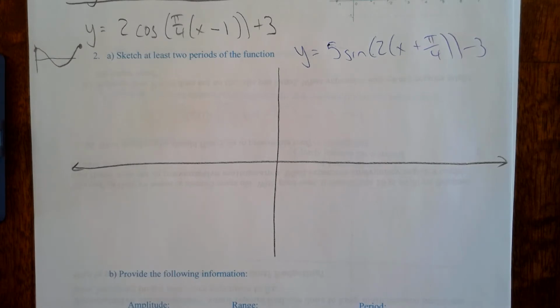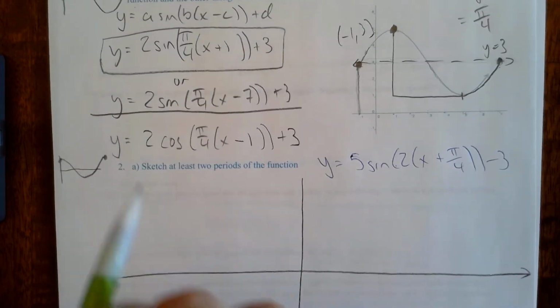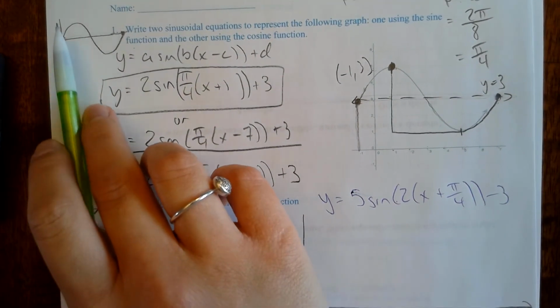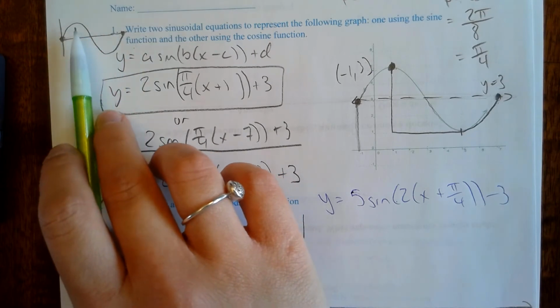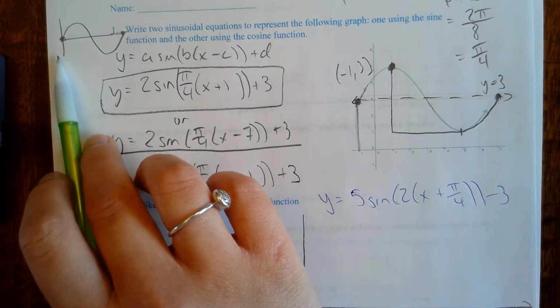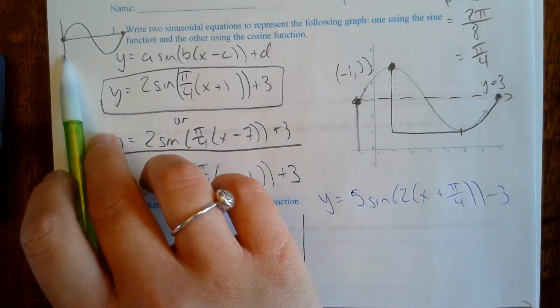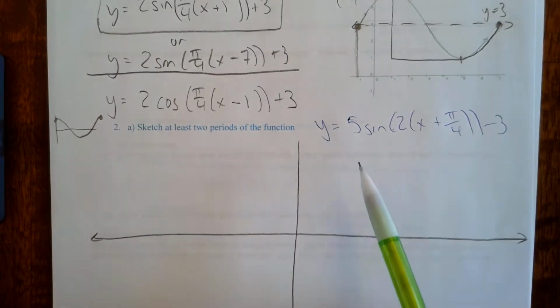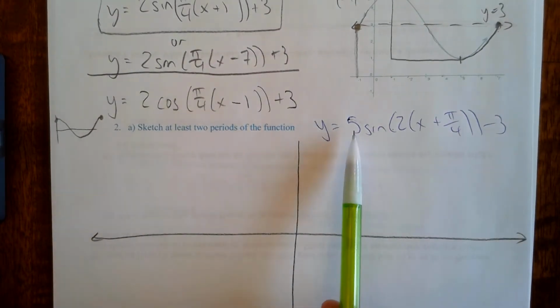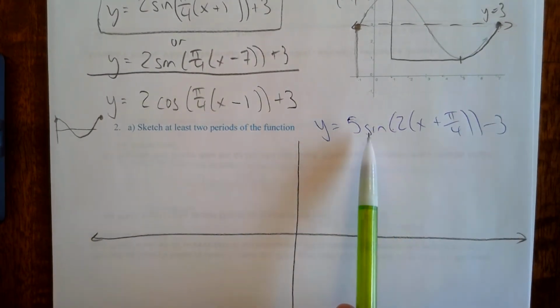One way you can do it is think about what a regular sine graph would look like. It would look like this little picture up here, where the period is 2 pi, the maximum is at 1, the minimum is at -1. And then you can shift all of your things based on the transformations that are done here.